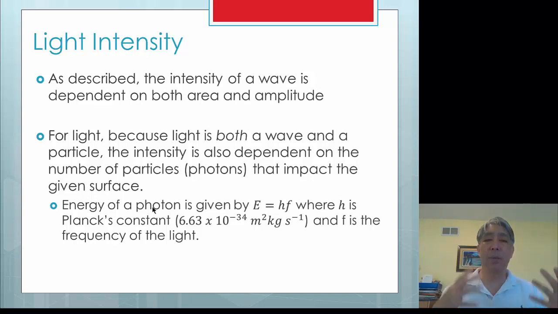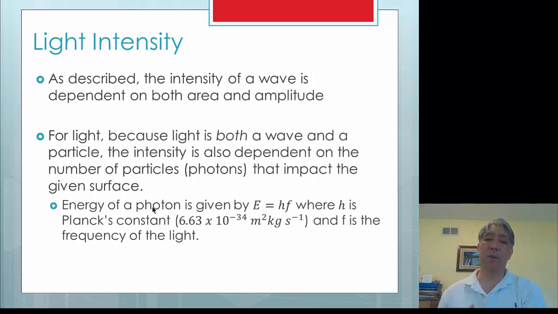Since it's both a wave and a particle, the intensity is going to be dependent on the number of particles, which we call photons, that impact the given surface. The energy of a photon is given by E equals hf. E is energy, h happens to be Planck's constant, which you should have run across in chemistry, and I know you did.